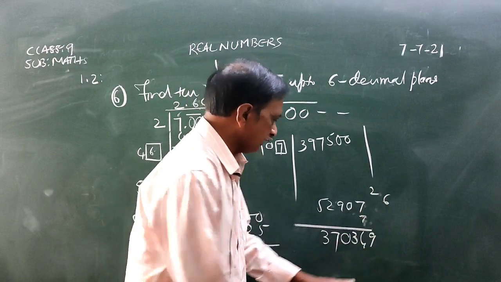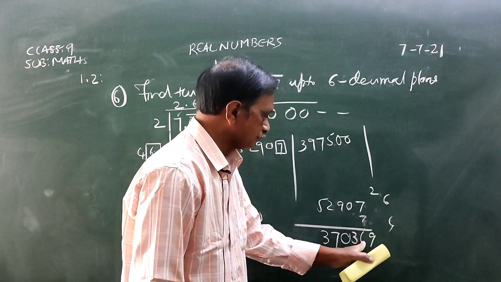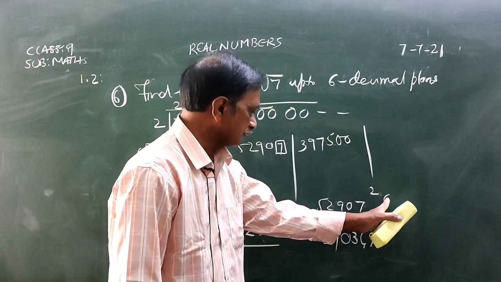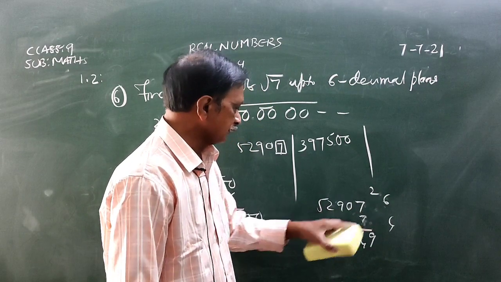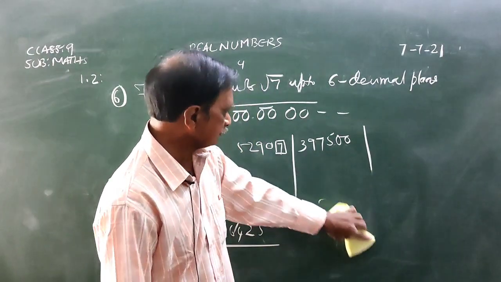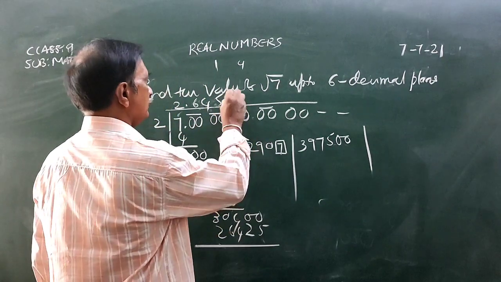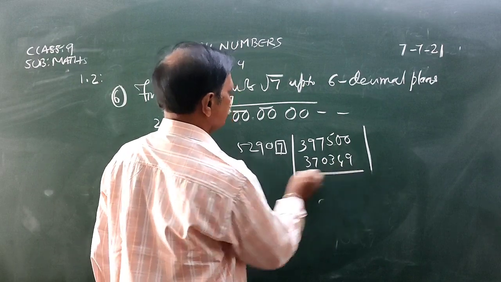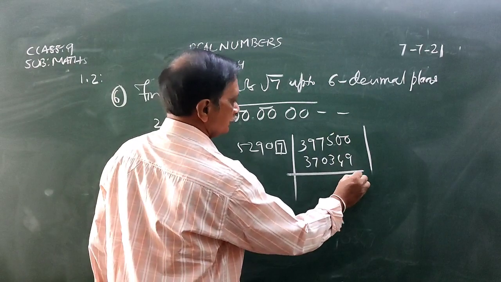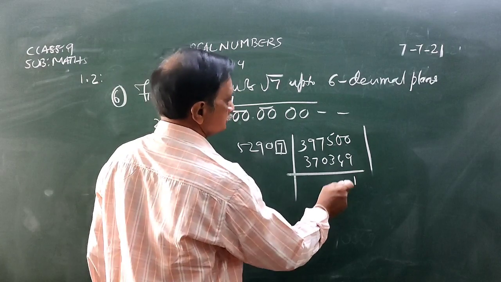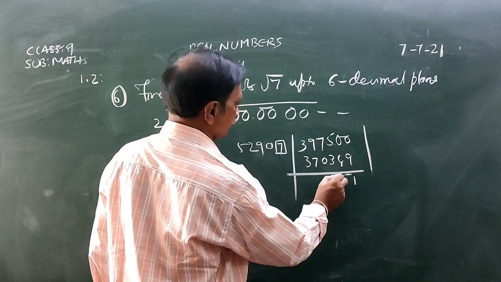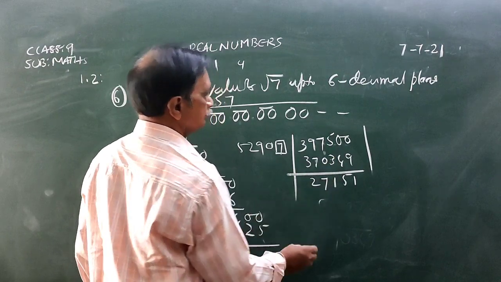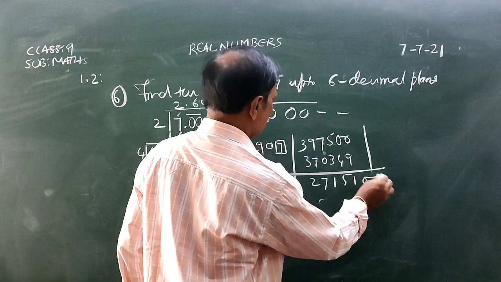Subtract: 10 minus 9 is 1, 9 minus 4 is 5, 4 minus 3 is 1, 7 minus 0 is 7, 9 minus 7 is 2. Again bring down the next zeros.